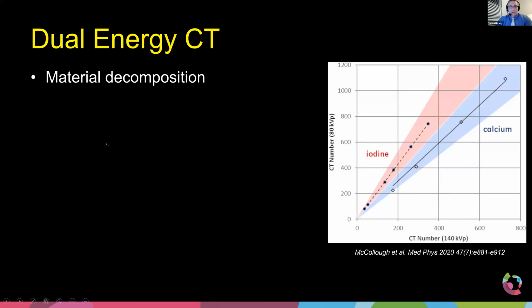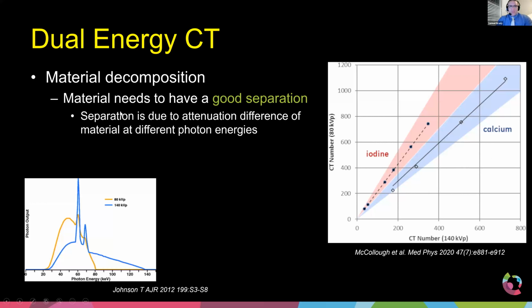All right, so now we've been talking about how we need a good separation between these two materials so we can get a good clean reconstruction, and in that reconstruction we can tell which one is iodine and which is calcium.